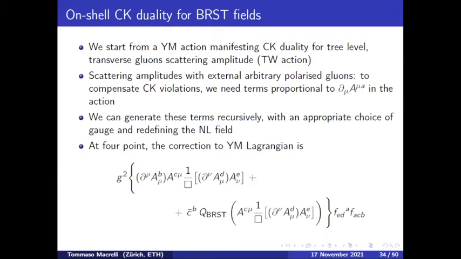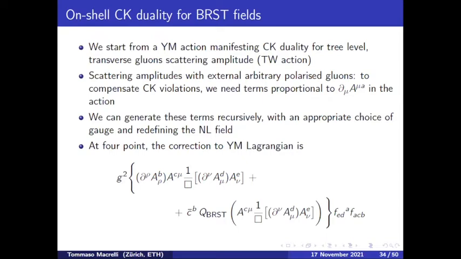So let's pick up the discussion on the strictification of Yang-Mills theory from where we left it. As I said, scattering amplitudes with external arbitrarily polarized gluons can ruin, in principle, color-kinematic duality.